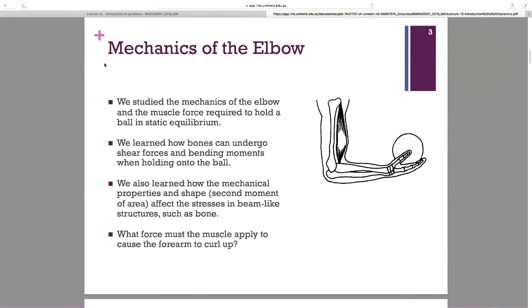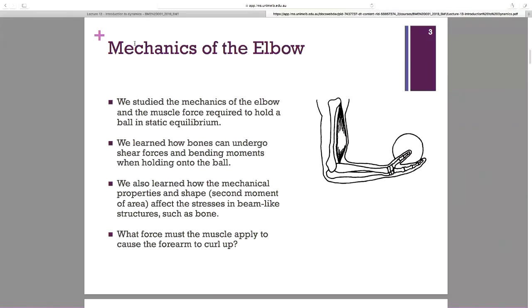content we've done in the first 6 weeks, we basically analyze the forces and the stresses that a biomechanical or indeed any mechanical system undergoes when it is held stationary, subjected to some loads, where the forces are balanced and the moments are balanced so that there's no acceleration.